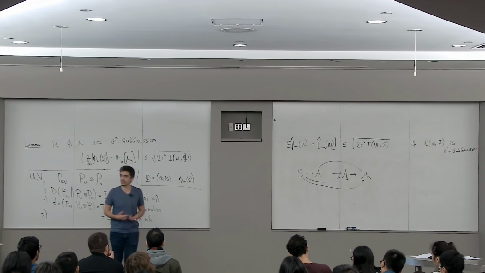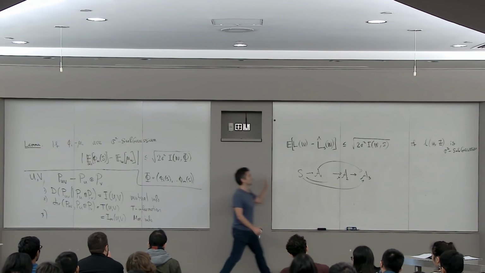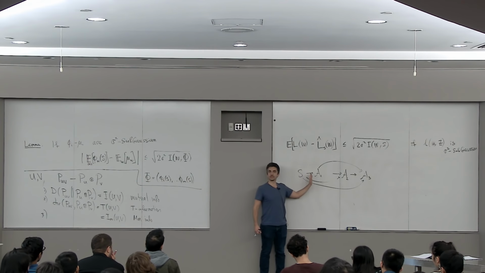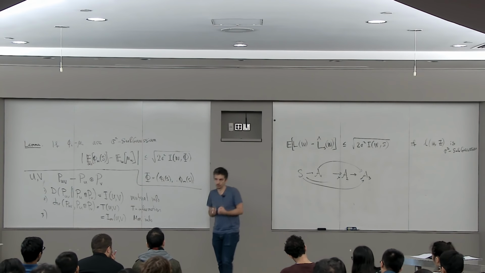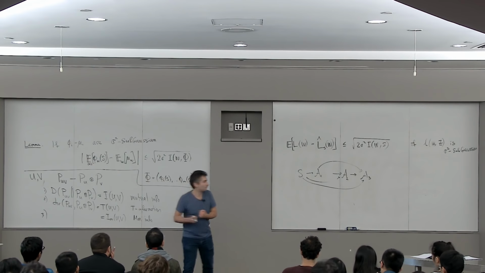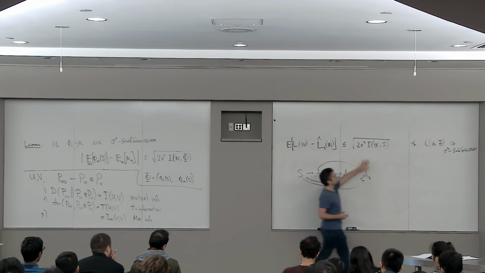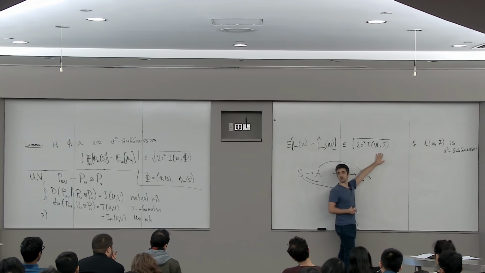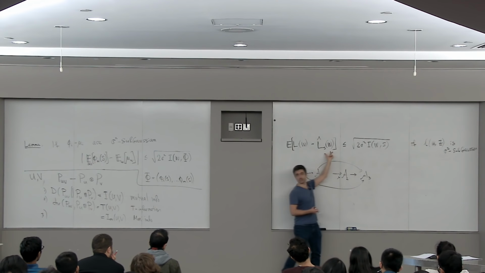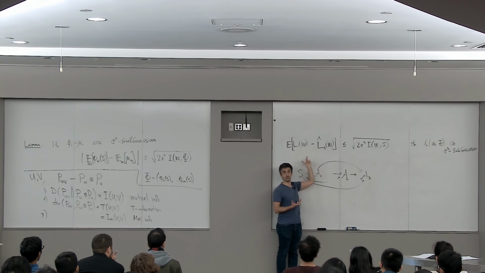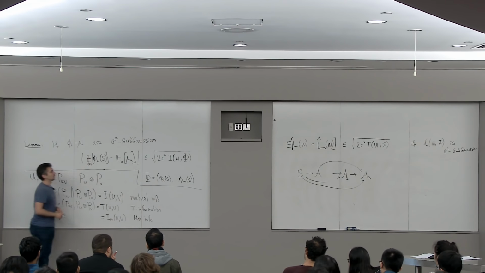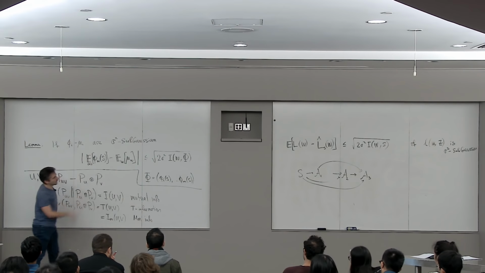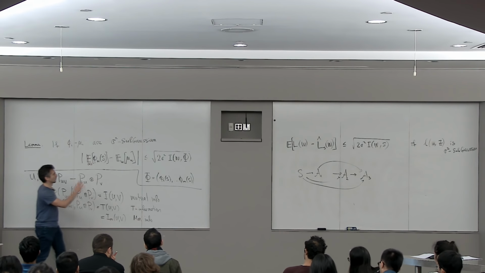Ideally, what you would like to say is that if every step here is limited in the amount of information that you glean from the data, then at the end of the day, this thing is small. Okay? So the empirical version is close to the expected version. Or in this situation, which is related.